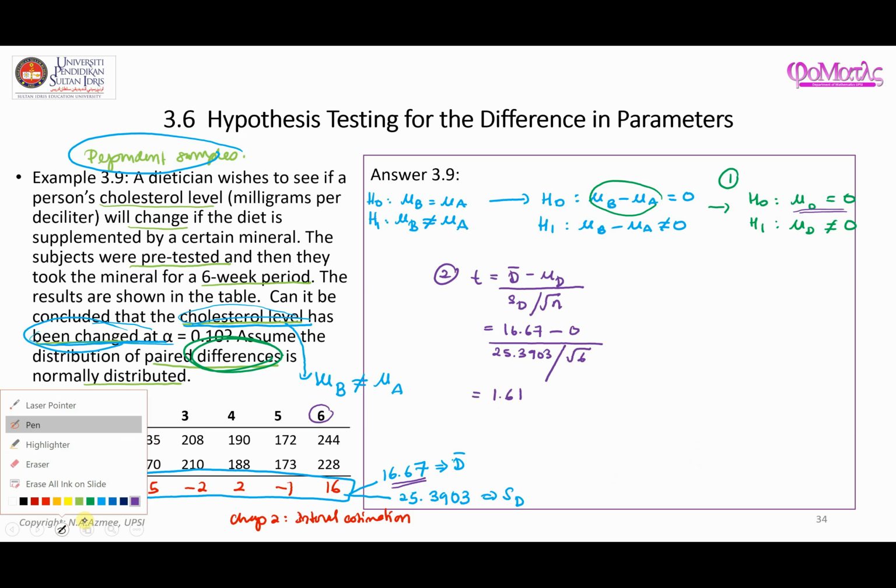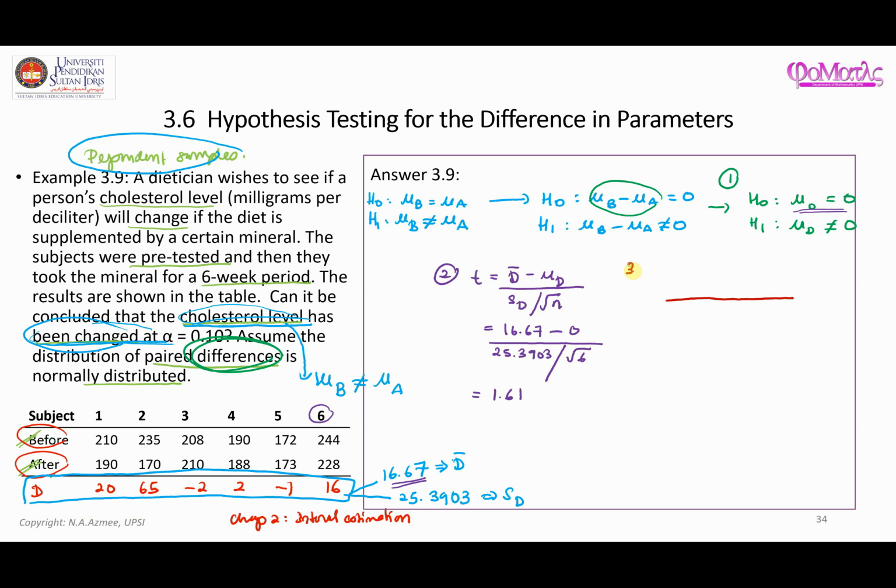Now the third step is to find out the critical regions and also the critical values. This is the sketch of a t-distribution. The middle point here is at 0. And if you look at this alternative statement, it is a two-sided hypothesis where the direction can be either to the left or to the right.